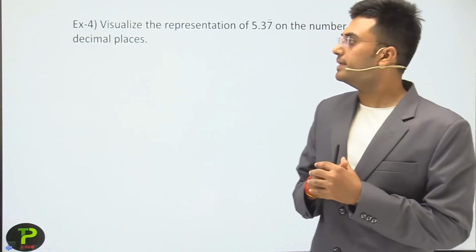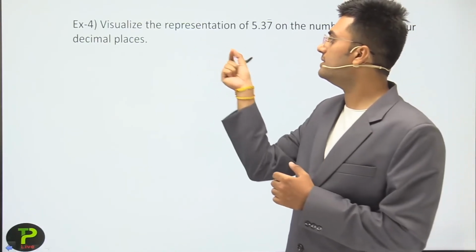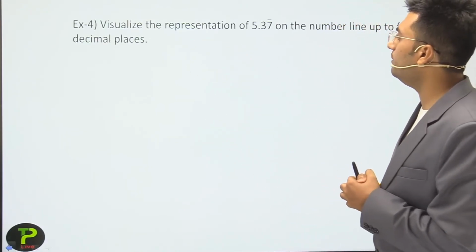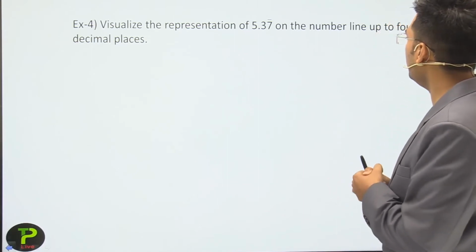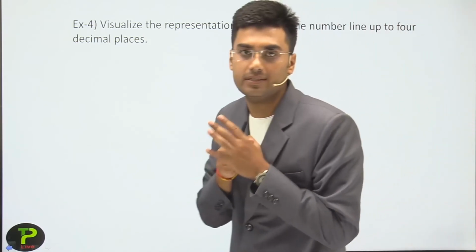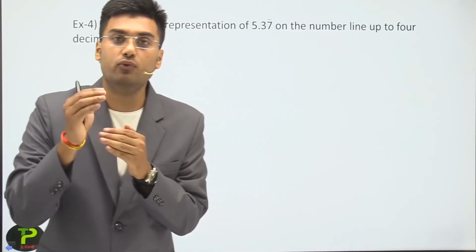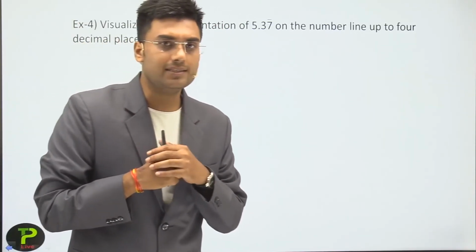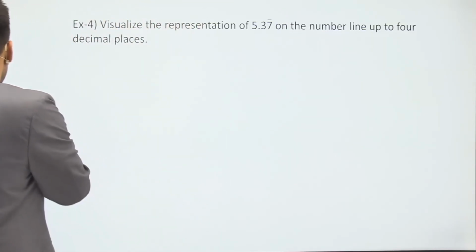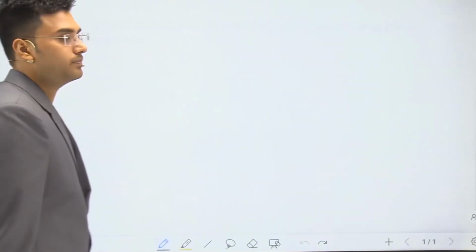Now dear students, the next example is to visualize the representation of 5.37 bar on the number line up to 4 decimal places. Let's start the solution.